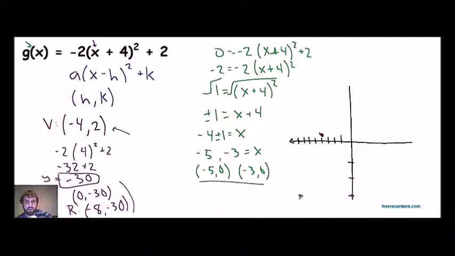And we found the x-intercepts at negative 5, 0, and negative 3, 0. Perfect. So we're in great shape. Let's go ahead and plot this. And that is a pretty good looking sketch. See if we can connect that. Almost connected. So hopefully that helps you guys with graphing quadratics.